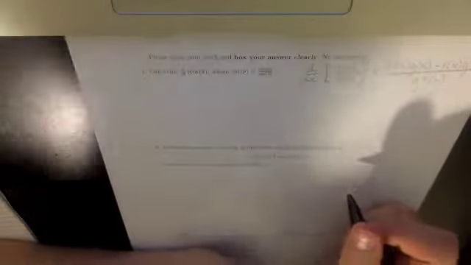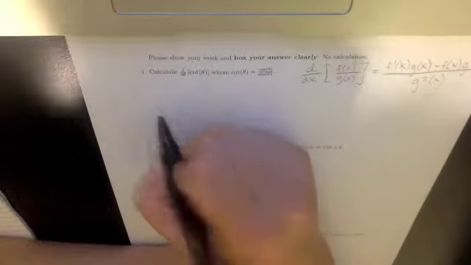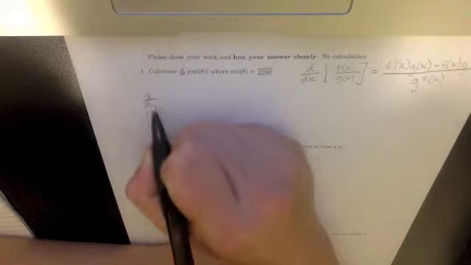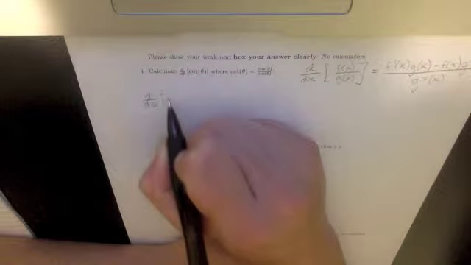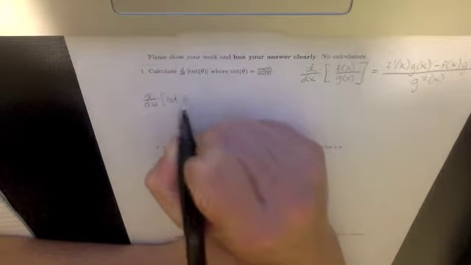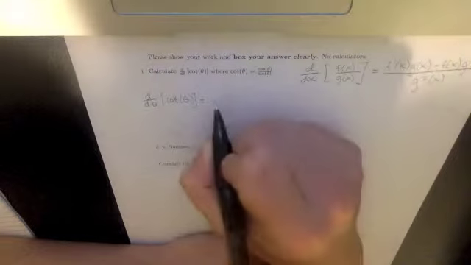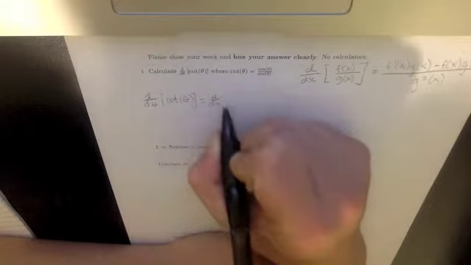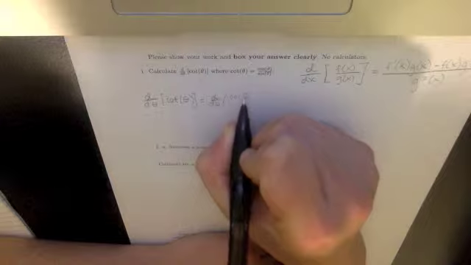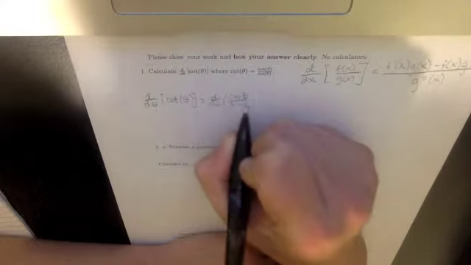Okay, so now if we apply this to our problem, we know then that the derivative of cotangent of theta is equal to the derivative of the cosine of theta over sine of theta.